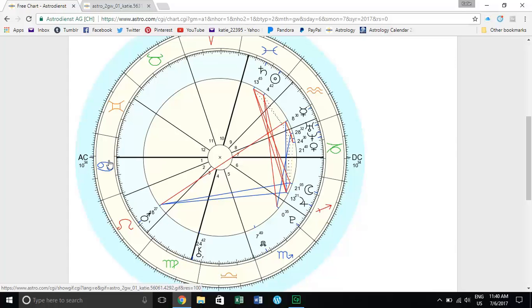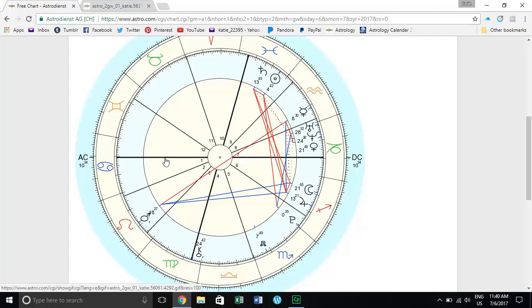So someone born at sunrise will have their sun right here. Someone born at sunset would have their sun here where it shows the setting energy. Someone born at midnight, the dead of night, would have their sun here, and someone born during the day at noon would have their sun here. Pretty interesting way to break down the chart and see it that way.